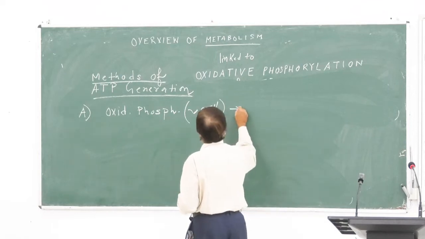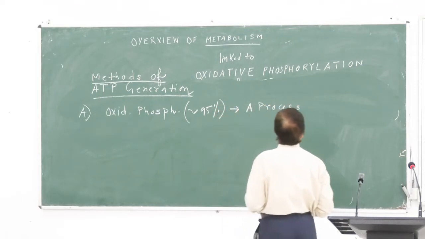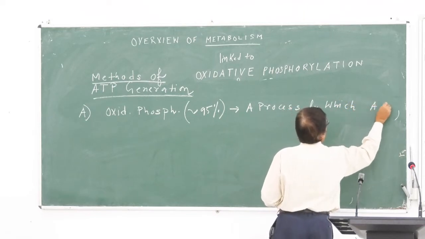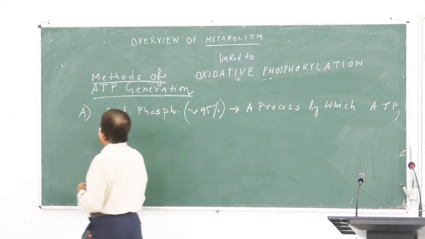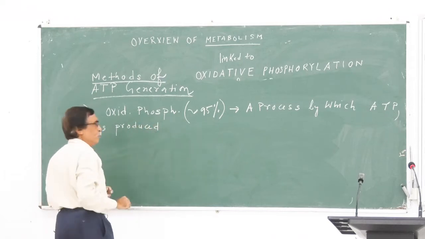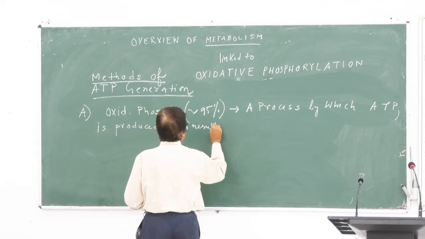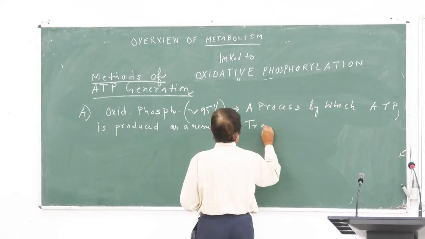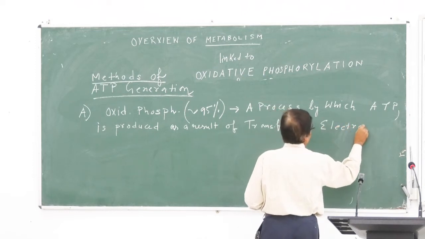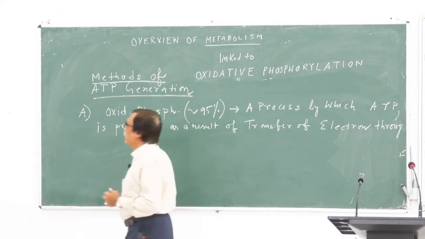What is it? It is a process by which ATP is produced as a result of transfer of electrons through the electron transport chain.